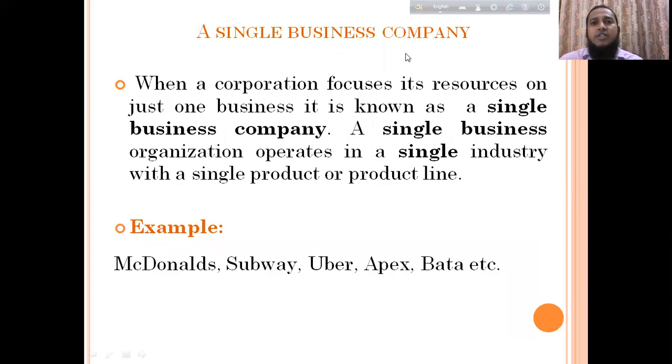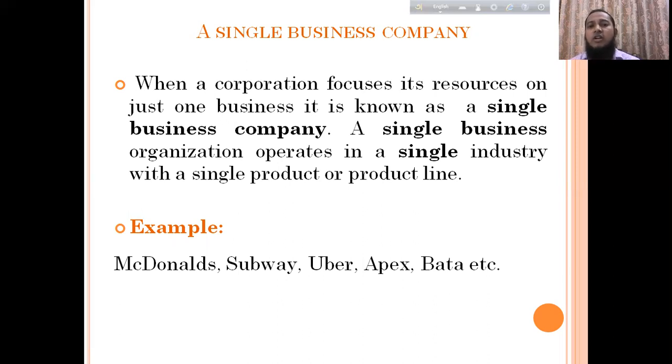Okay, students, a single business company is a company which operates its activities with a single product or a single product line. For example, McDonald's operates its activities just by offering fast food to customers.